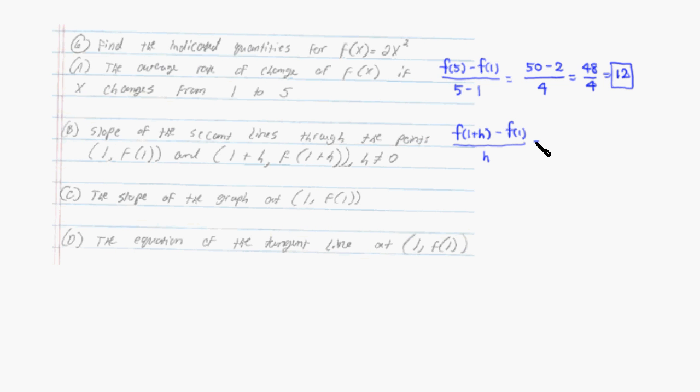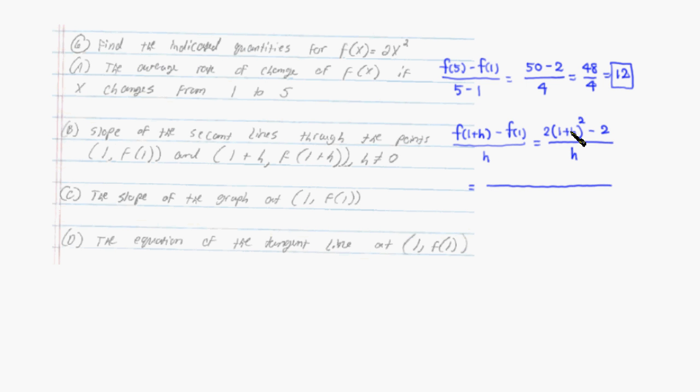If you plug in 1 plus h into that function, x is replaced by 1 plus h, so this is 2 times 1 plus h squared, minus f of 1, which we just did, that's 2, divided by h. Let's multiply it out.